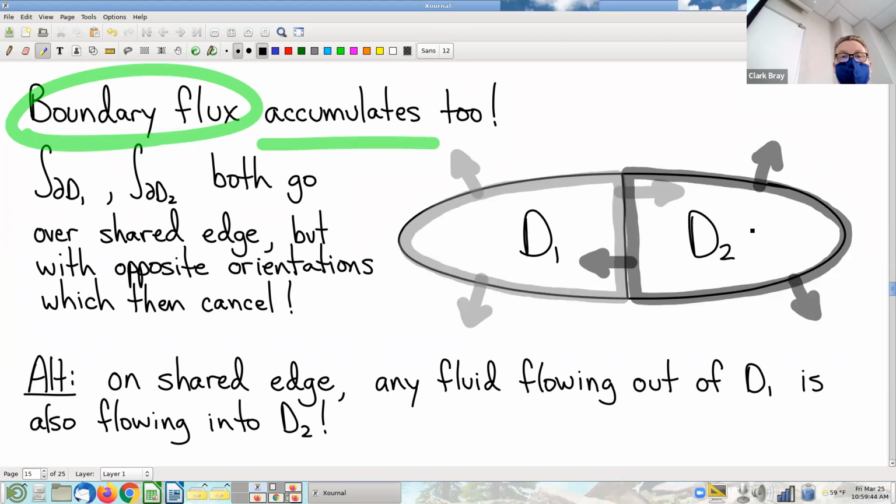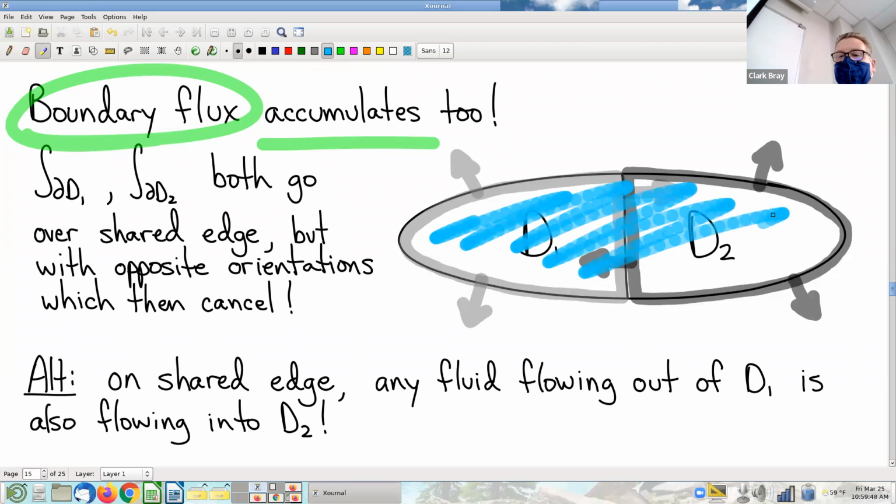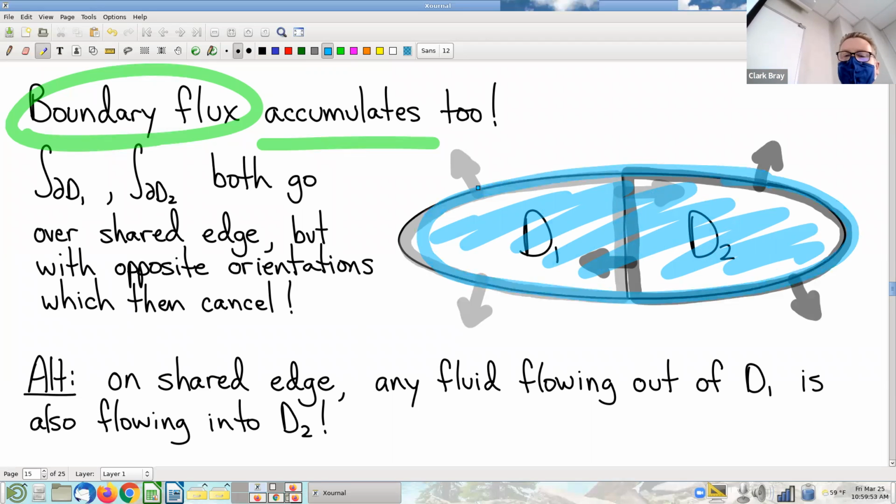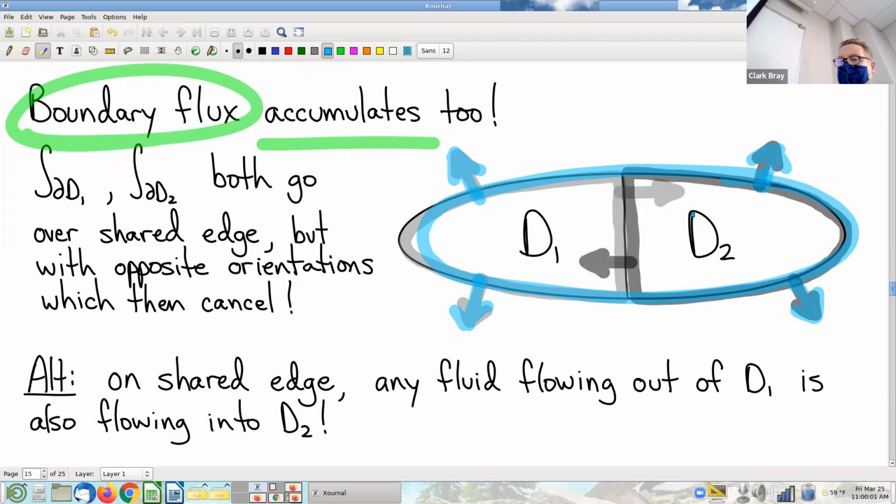And now let's ask, what is the outward-oriented boundary flux of the whole? The outward-oriented boundary flux of the whole is this. Does light gray plus dark gray add up to the blue?